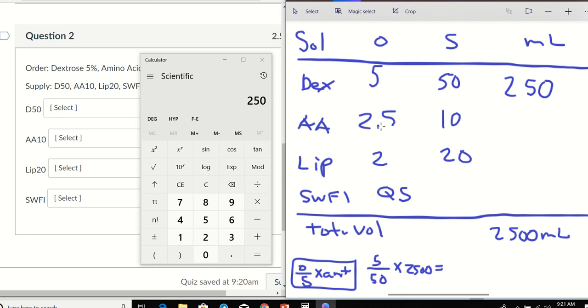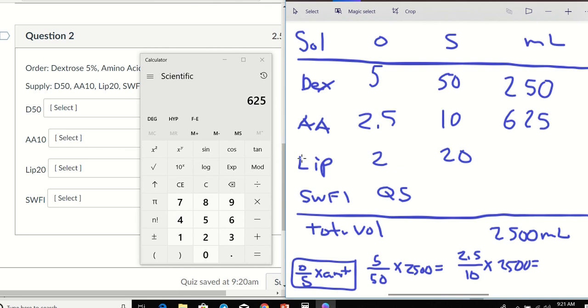Amino acid, the order is 2.5, the supply is 10, and our final volume is still 2,500. 2.5 divided by 10 times 2,500 is 625.